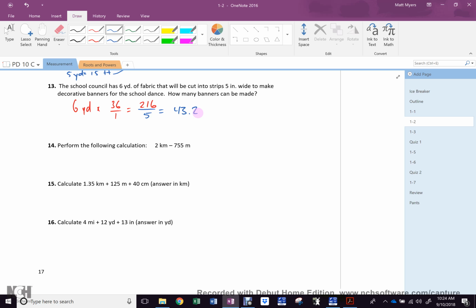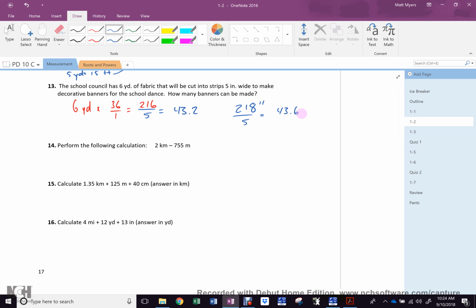Now, here's what I like to do. What if, and I'm stressing what if, I have 218 inches of fabric. What would I divide it by? I'd still divide it by 5, and I would get 43.6. How many banners can I make? 43. Still 43.